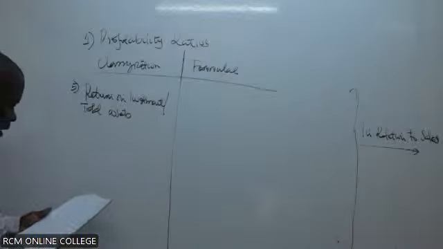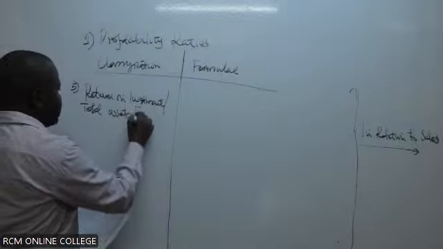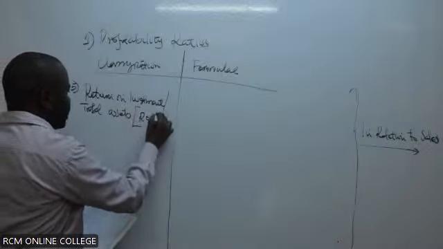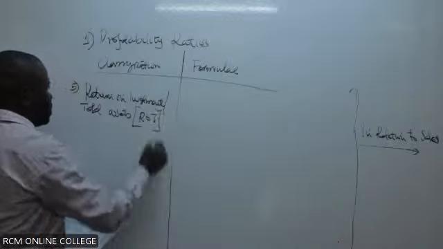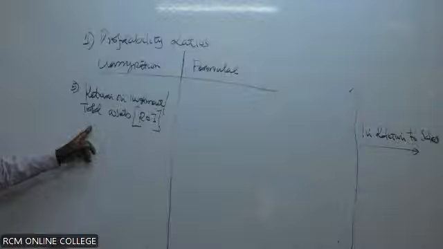So what is the formula here? Sometimes we refer to it as ROI. If you see ROI, they mean return on investment, or we can say return on total assets.